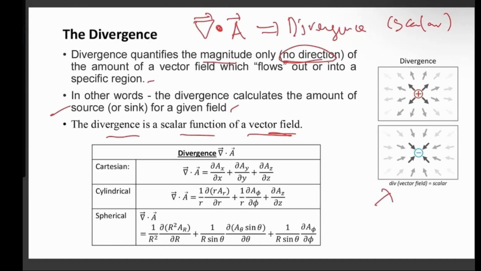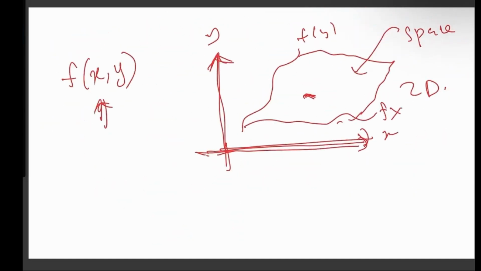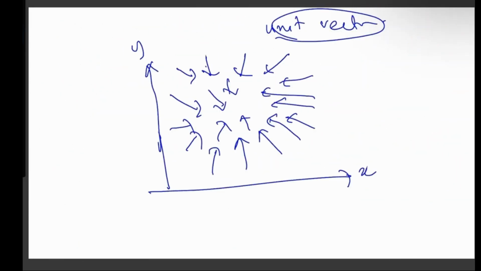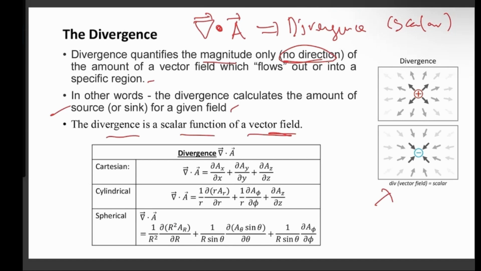It can represent speed or force, same as a vector. Our vector can represent speed, force, flux, or magnetic field, or anything.